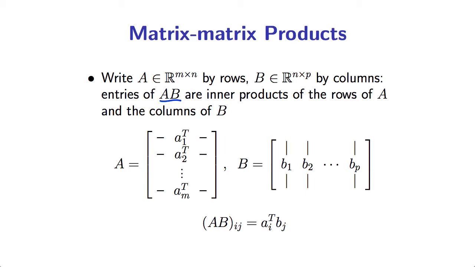To start with, let's take the first definition we saw when we first described matrix multiplication. Let's write A in terms of its rows and B in terms of its columns.